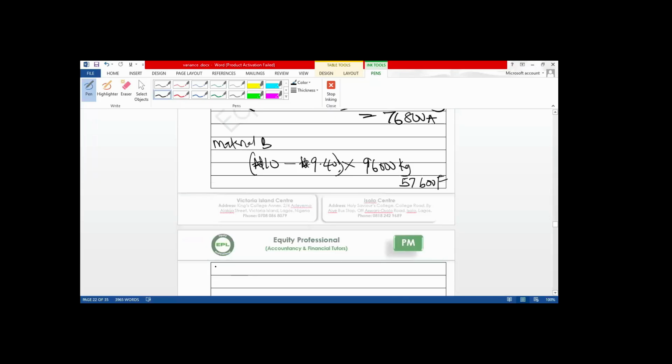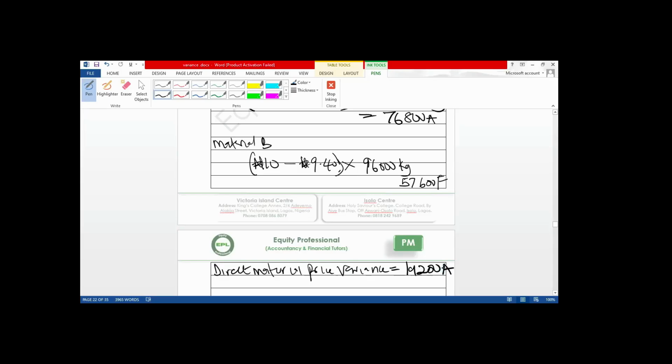Your direct material price variance, I have 57,600 and you are going to get 19,200 adverse.